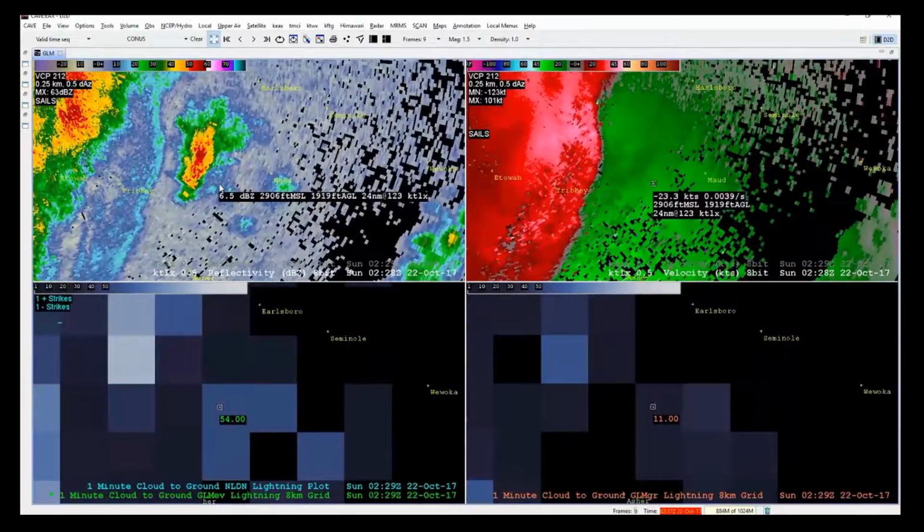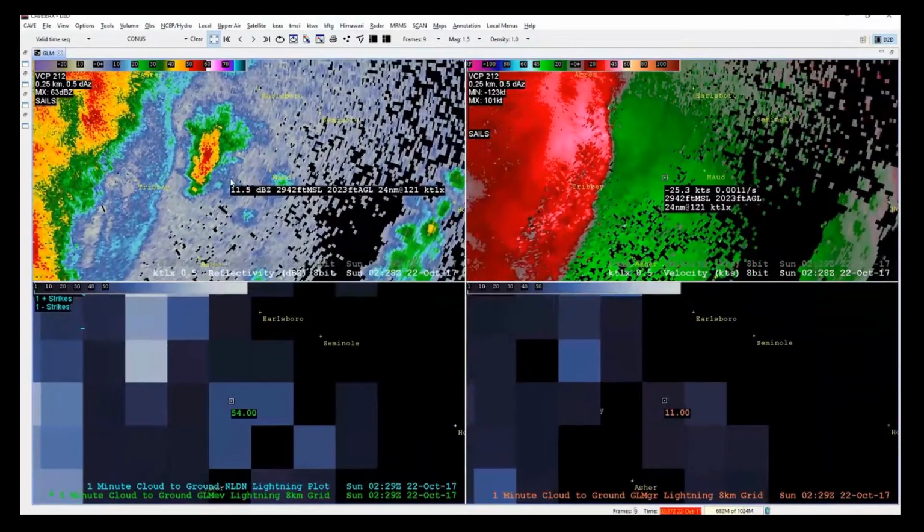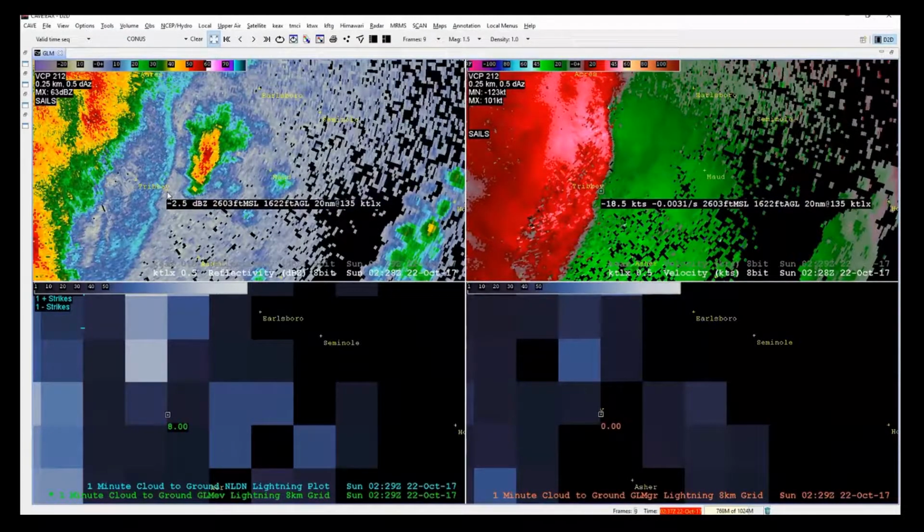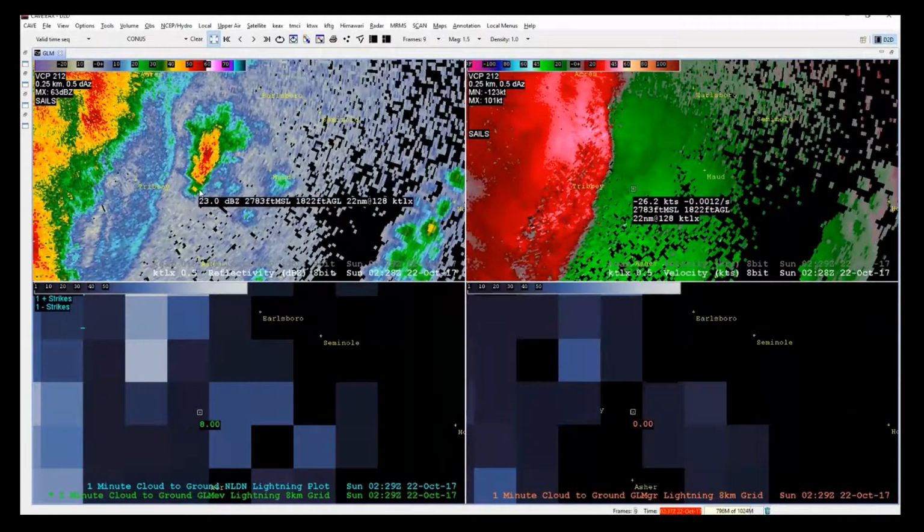There was an enhanced risk out for central Oklahoma, and you had storms that were discrete off to the west, fired along the dry line, and sort of congealed into a line with embedded supercells as they moved into the I-35 corridor.